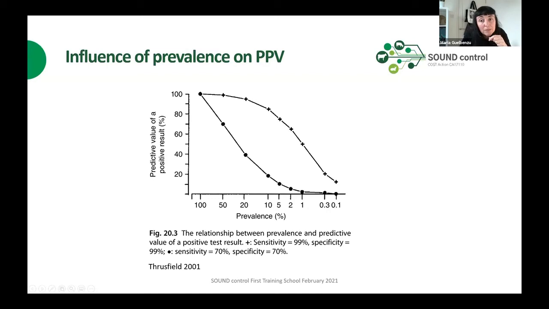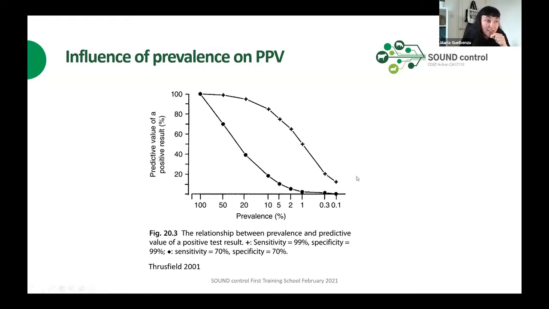So what this shows us is that the acceptable levels of sensitivity and specificity depend on the stage of our disease eradication or control. Typically at the end of our campaign, we are going to be looking for a more sensitive and specific test.